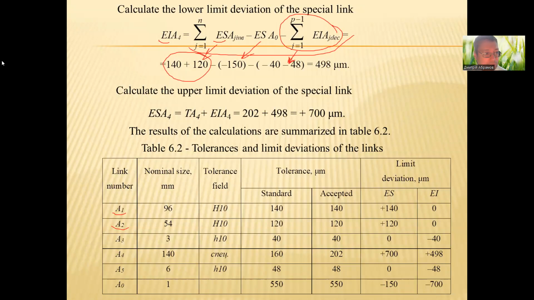And for the main holes, lower limit deviation will be equal 0, and upper limit deviation will be equal tolerance field, plus 140. And the same parameters for A suffix 2. Lower limit deviation will be equal 0, and upper limit deviation will be equal tolerance field.